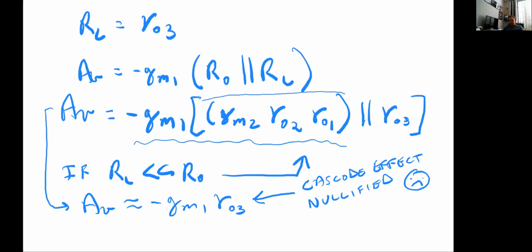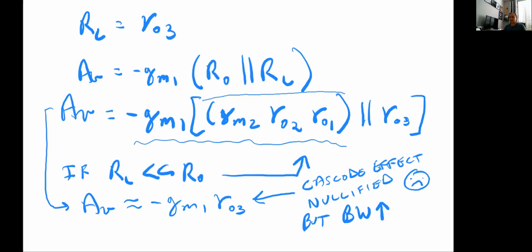So we're not going to be seeing that, but I mentioned it because this PMOS load, even though it nullified the Cascode effect, just take it from me that it increases the bandwidth. So that's sort of a consolation prize there. Okay.